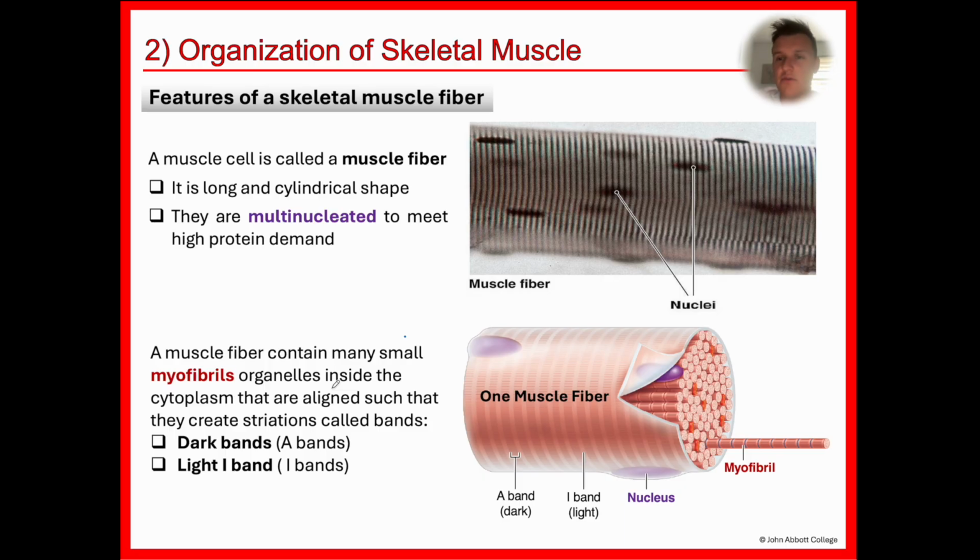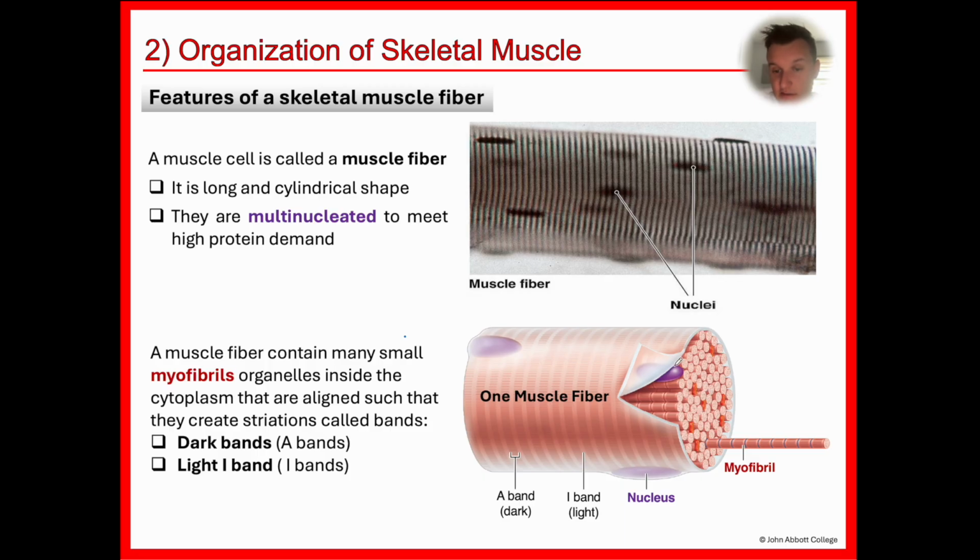And what are those proteins that are high in demand, right? So a muscle fiber contains many small myofibril organelles, which are mostly protein. So these are inside one muscle cell, right? These are myofibrils.